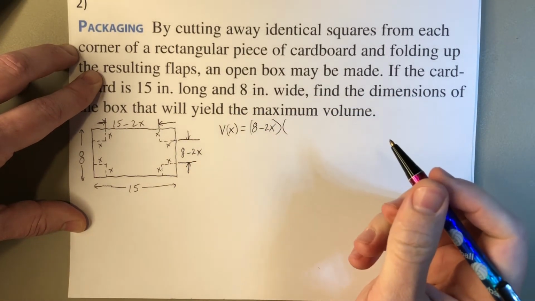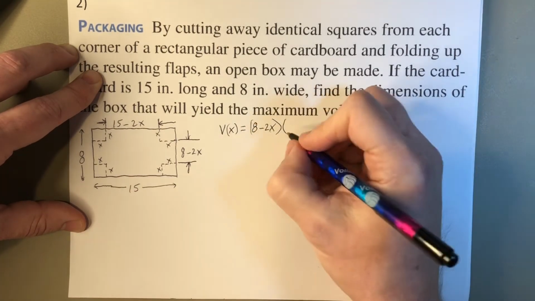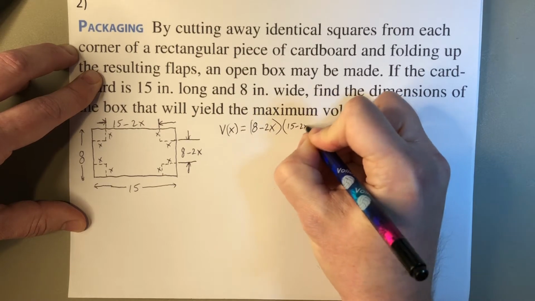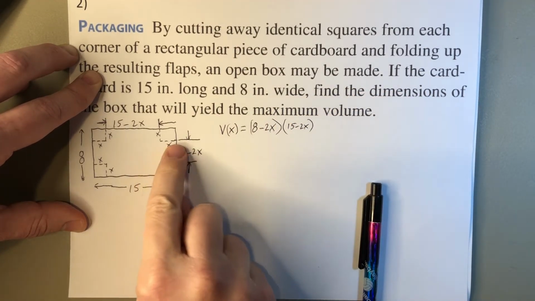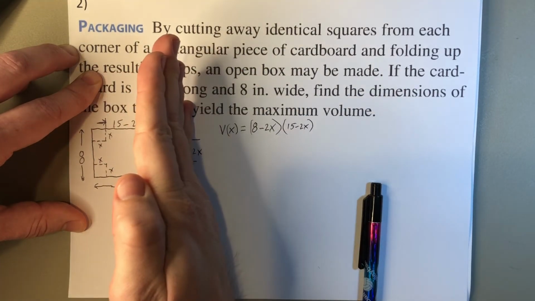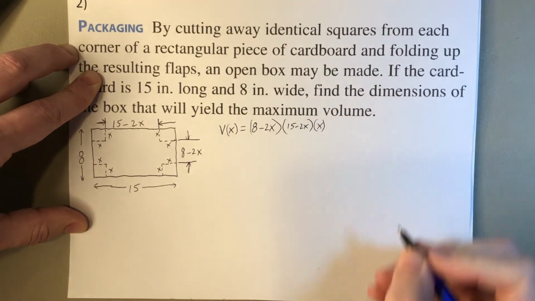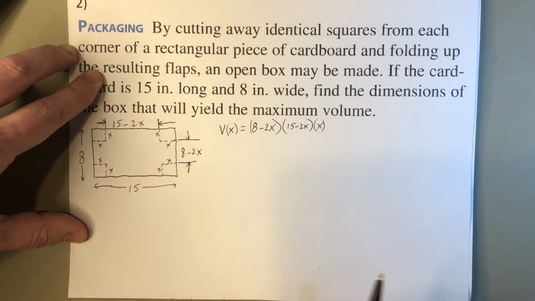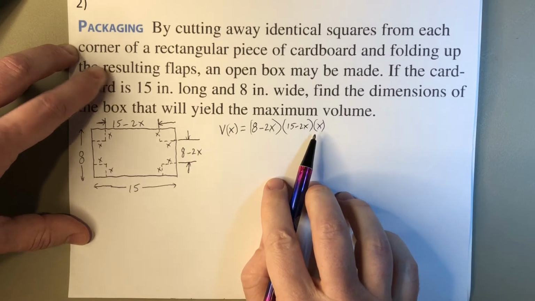The length of our open box is going to be not 15, but 15 minus 2x. And what's our height? Well, if you cut away x and you're folding that up, the height would be what? It'd be x. Okay. Now, this is our volume function. It's not simplified, but this is our volume function.